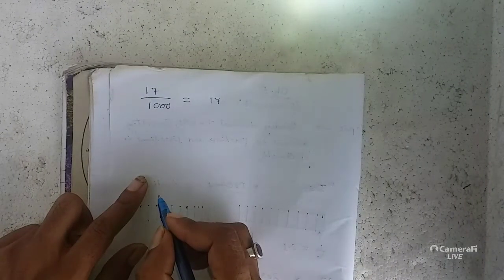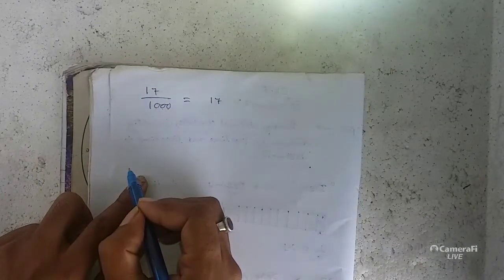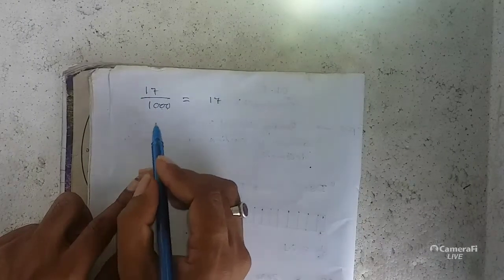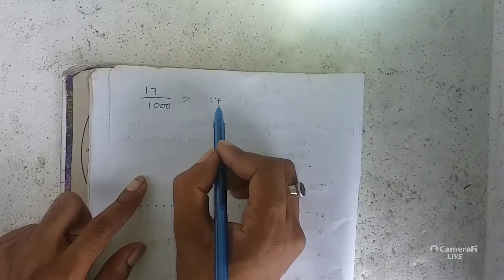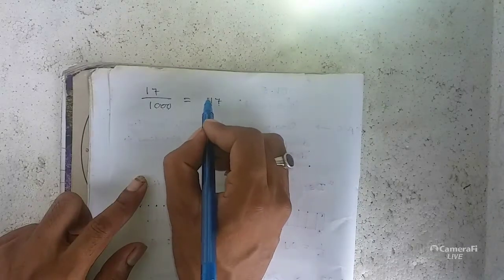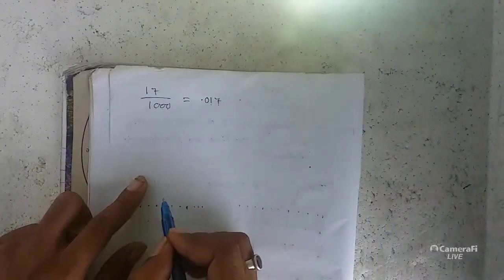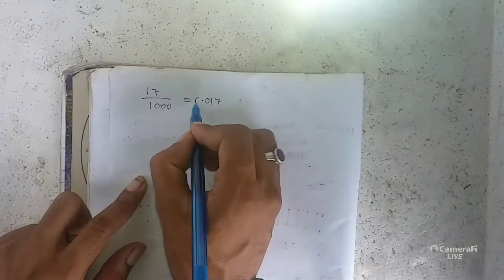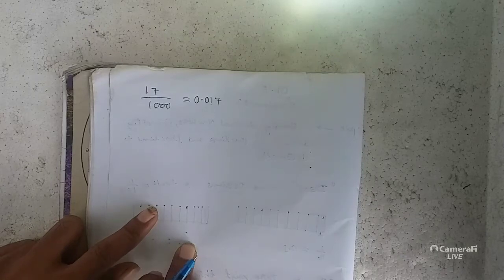Okay. We will put the decimal after 1, 2, 3 digits from the right side, as after 1 there are 3 zeros. So, we have to put the decimal after 3 digits, but there is 1 digit, 2 digits, there is no 3rd digit. So, we will take here 0 and then put the decimal. Before the decimal there is no digit, so we will take again 0. So, it becomes 0.017.